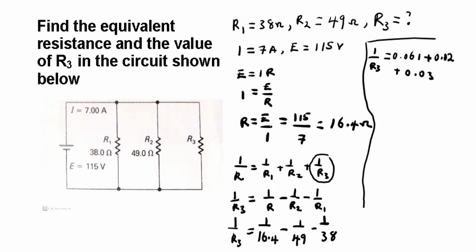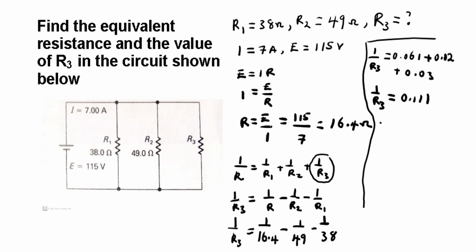So when you add up, 0.061 plus 0.02 plus 0.03, we have 0.111.